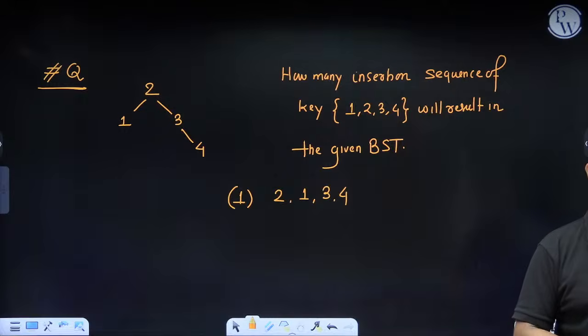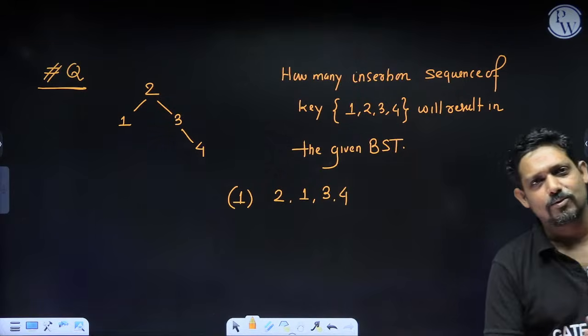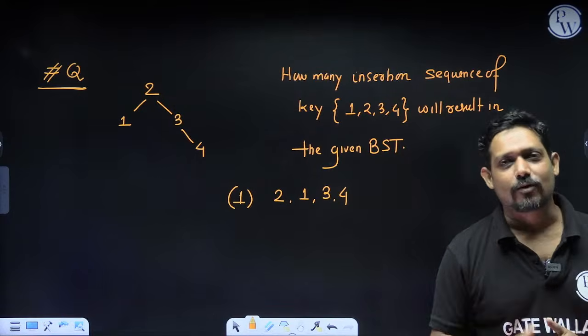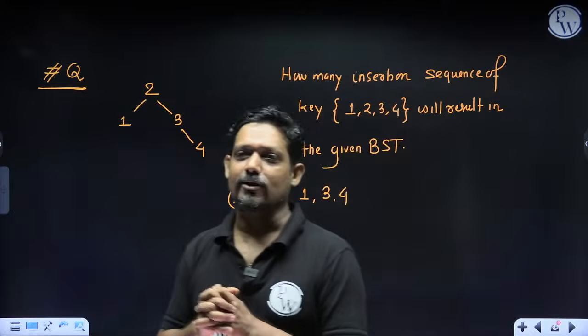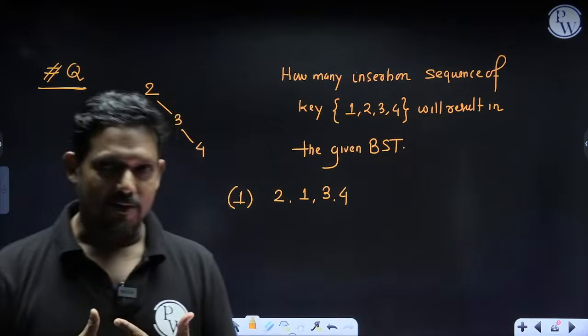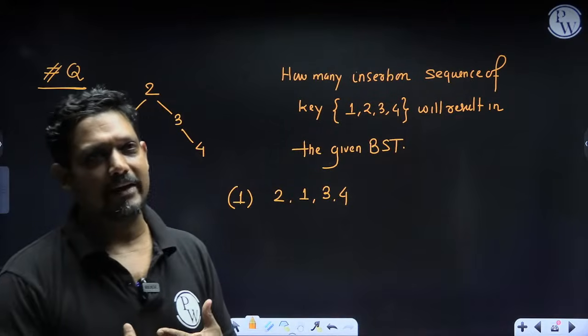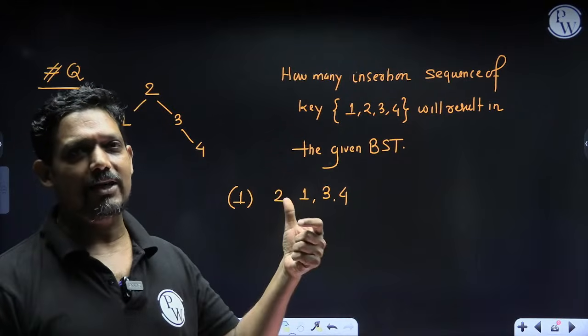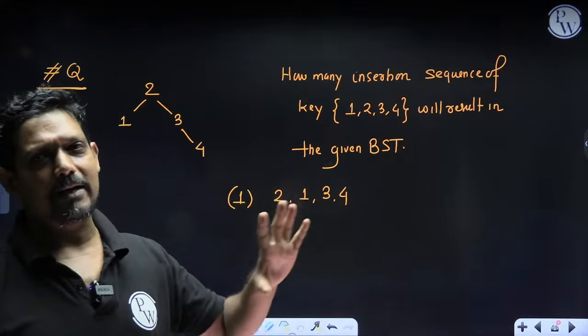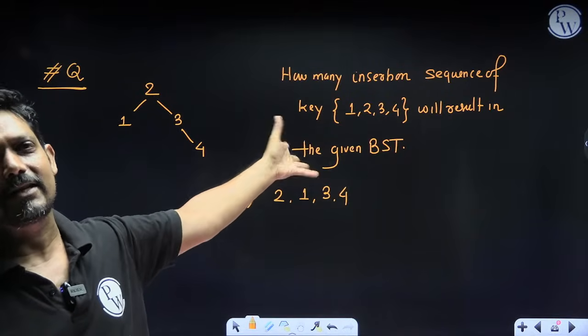Yeah, then answer. Factorial 4 is not possible. Factorial 4 is not correct, because factorial 4 can also start with 4, and if the first value inserted is 4, then 4 will become the root, and this will not result in that tree.